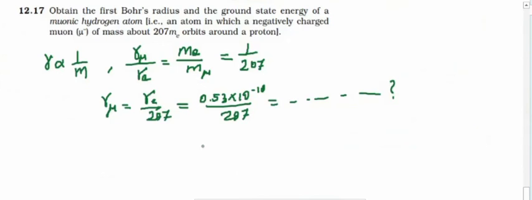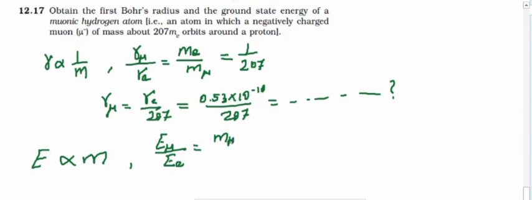The next, the energy formula you have to see. The energy formula is m e power 4 like that. So we have energy and mass having the relation E proportional to m. Accordingly, E mu divided by energy of electron is equal to m mu over m e, that is around 207 according to the question.